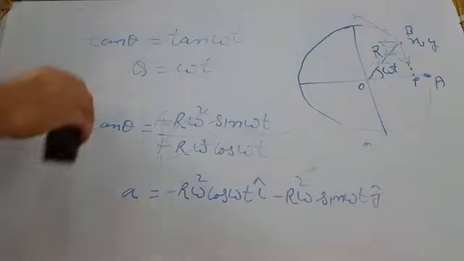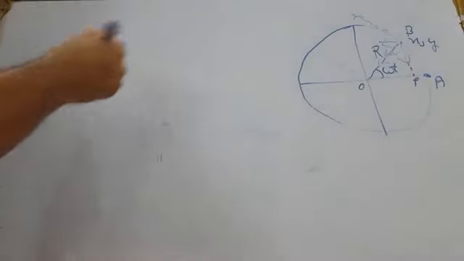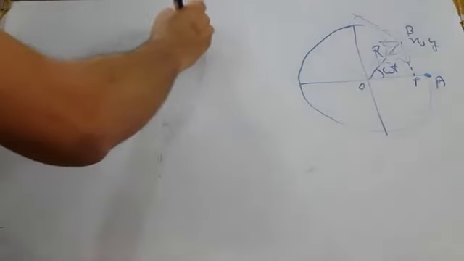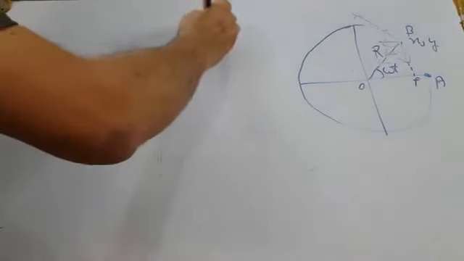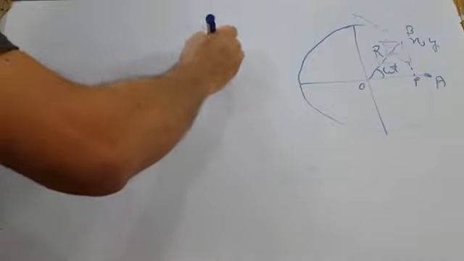So that was all about the velocity and acceleration in circular motion. I will take a very small topic. We discussed the angular velocity. Omega was change in angle upon change in time.